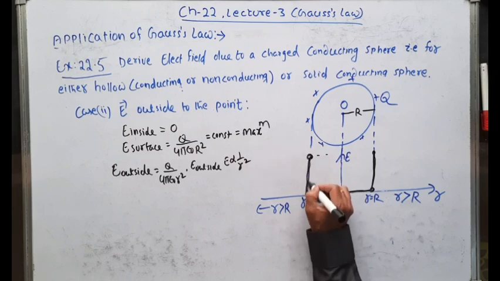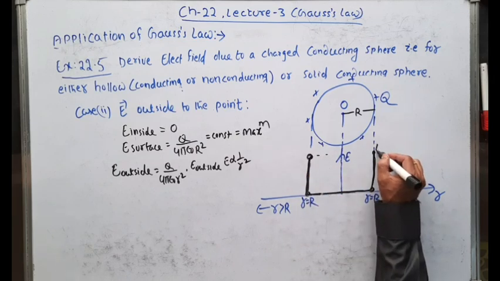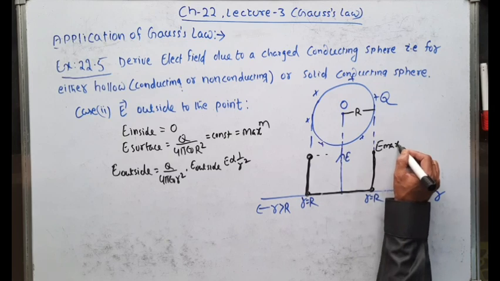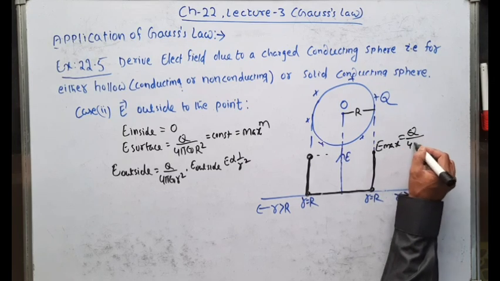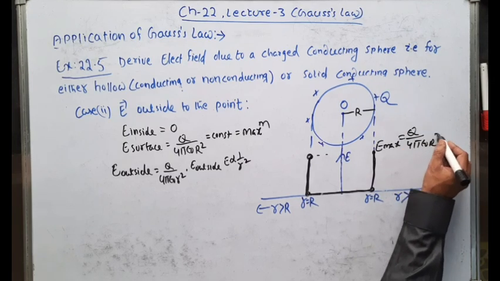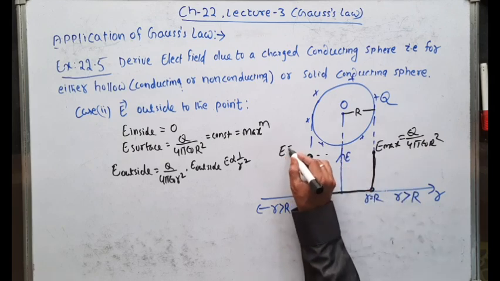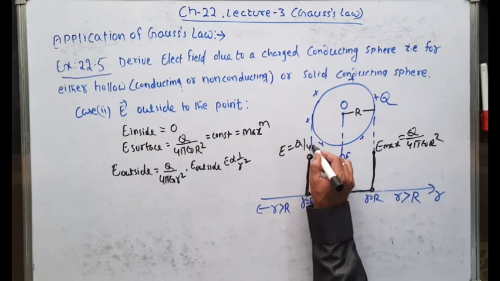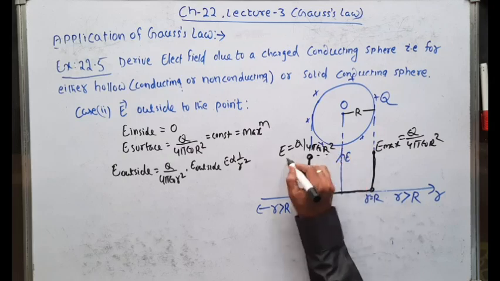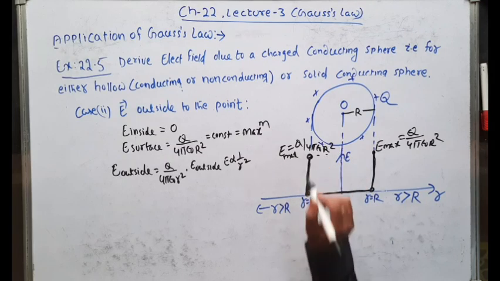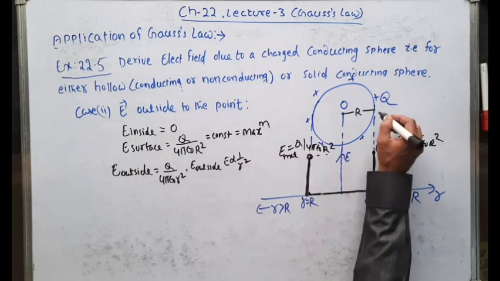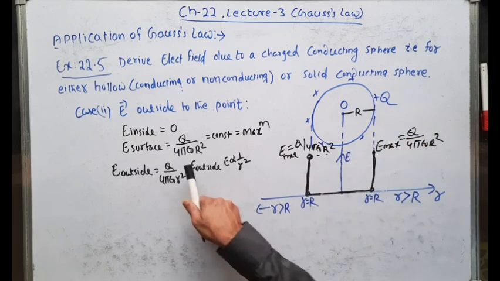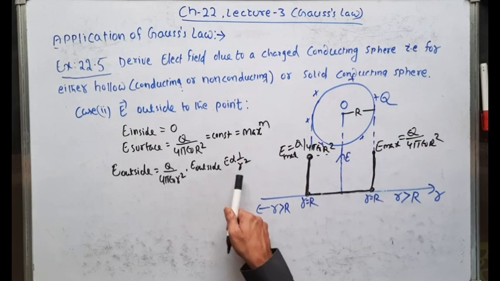So what is that maximum electric field intensity? Maximum electric field intensity on the surface is equal to Q divided by 4 pi epsilon naught r square. And as we move away from the surface, electric field intensity decreases inversely.